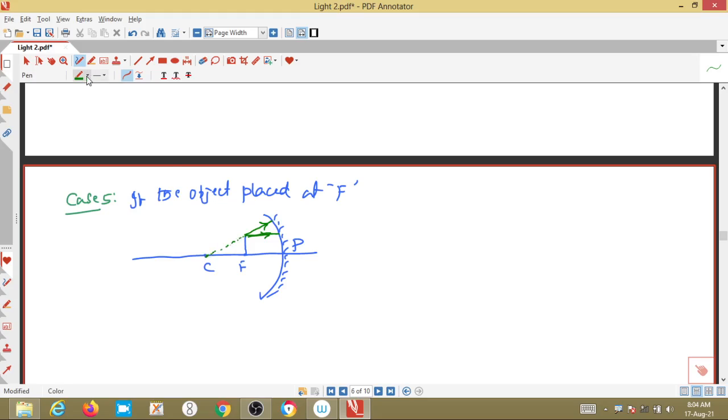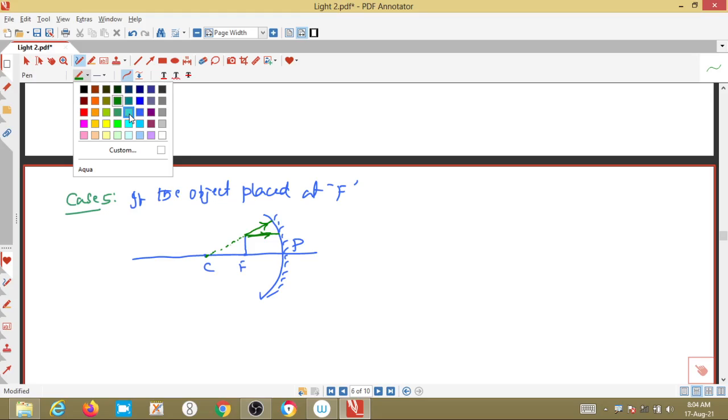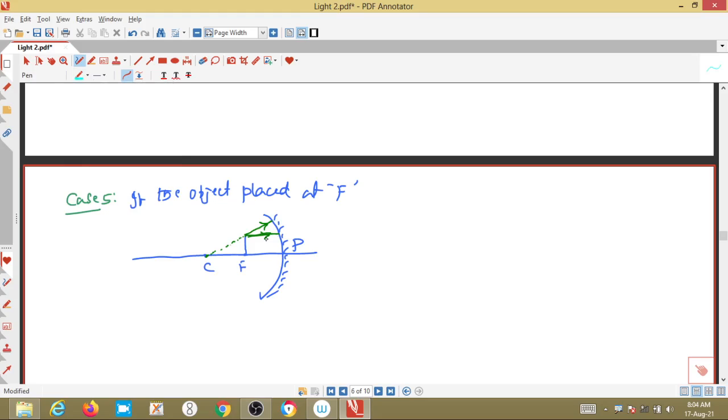In this case, how will the image be formed? See, it is reflecting back. When the ray is parallel to the principal axis, it has to reflect back through F, right? So it is passing through F here. And when the ray passes through the center of curvature, the reflected ray always follows the same path, so it is coming back like this.